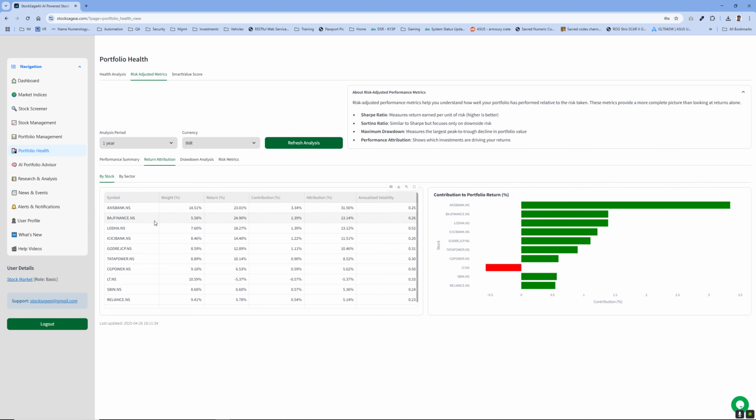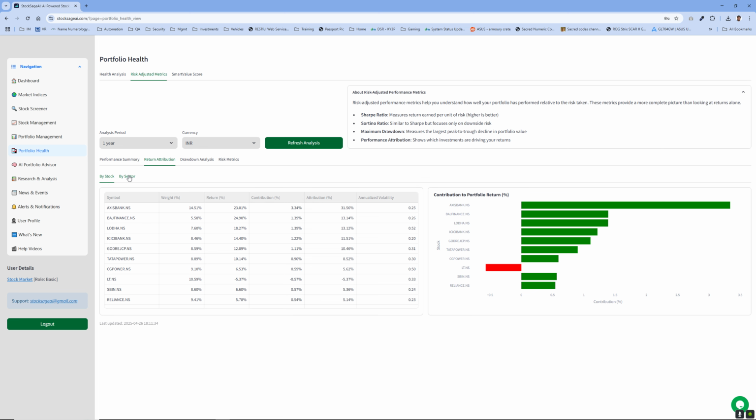Let's take this example. If we look at Axis Bank, the overall weightage of this stock in our portfolio is 14.5, but the return we are getting from this stock specifically is 23%, and 3.3% is the overall contribution to the portfolio return, and the attribution is 31.56%.